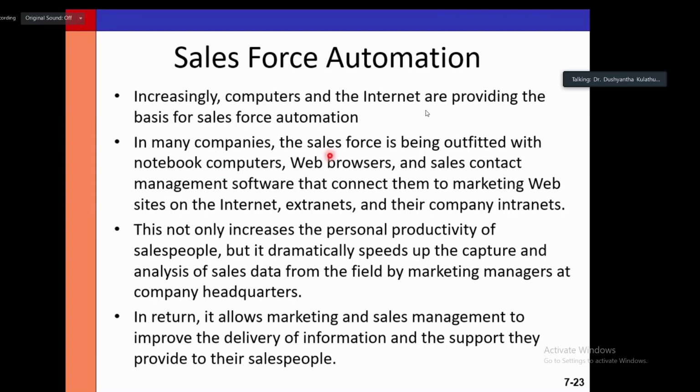It can be the notebook computers which we give them, and inside the computer there can be different software which we have installed, enabling them to search different information that they require, and also enabling them to connect to the organization whenever they need.